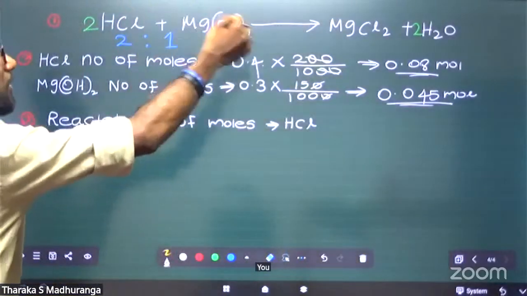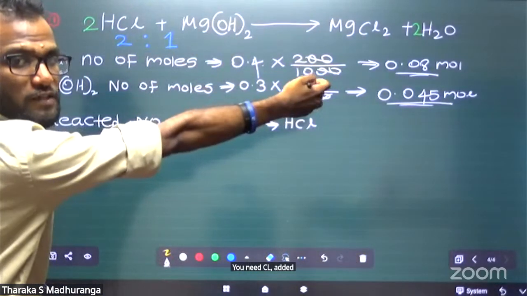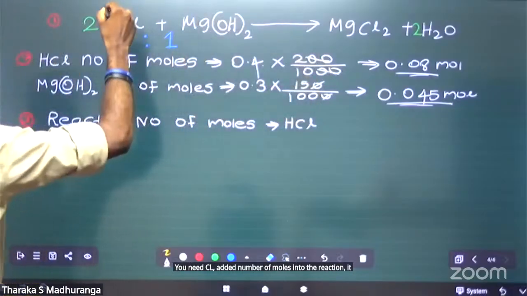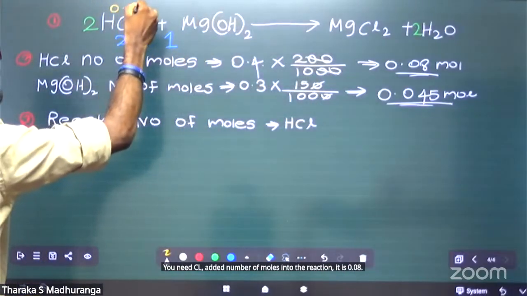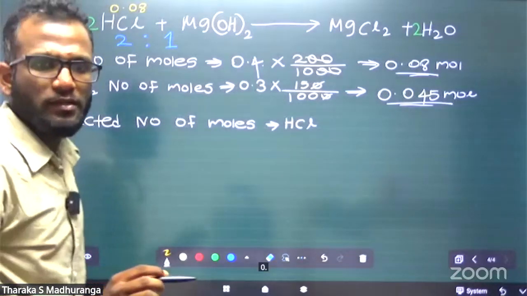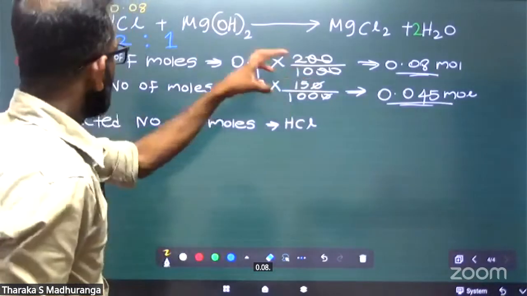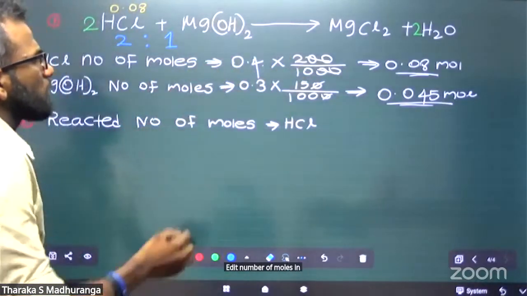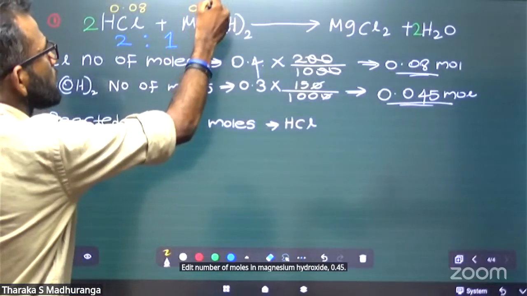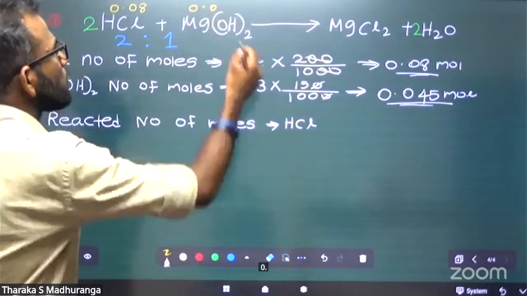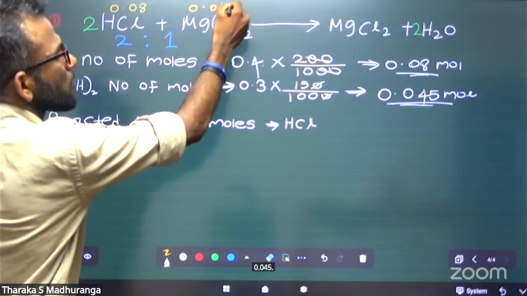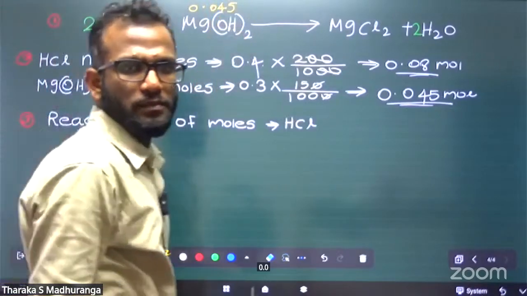In HCl, the added number of moles into the reaction is 0.08. Added number of moles of magnesium hydroxide is 0.045.